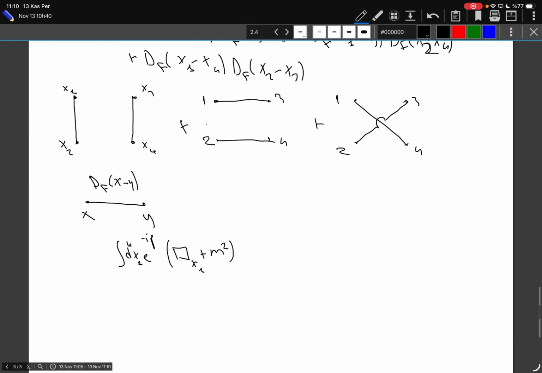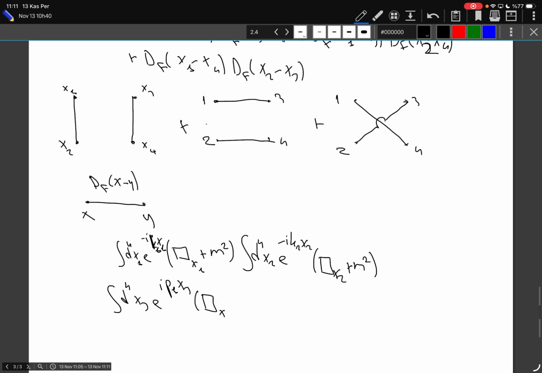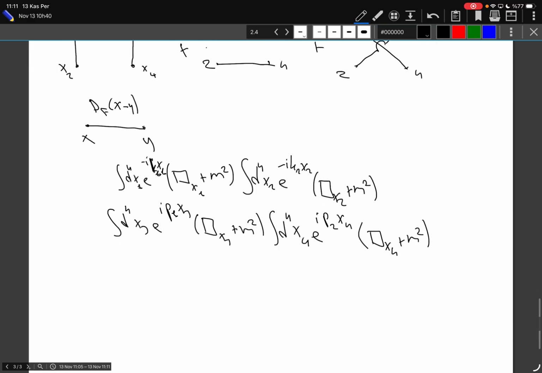K1, d4 x1, d4 x2 e to the power minus i k2 x2, d4 x3 e to the power i p1 x3, and this is our LSZ reduction formula.